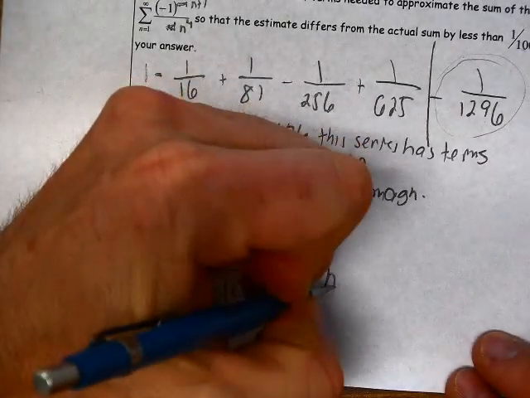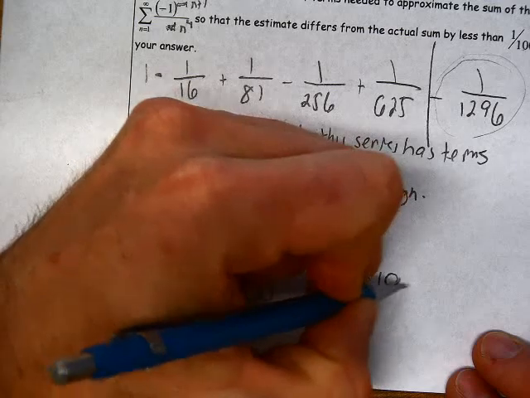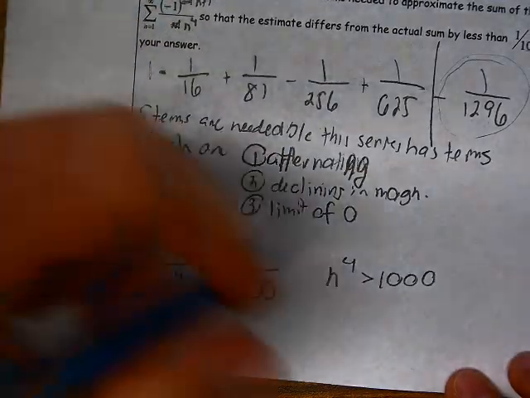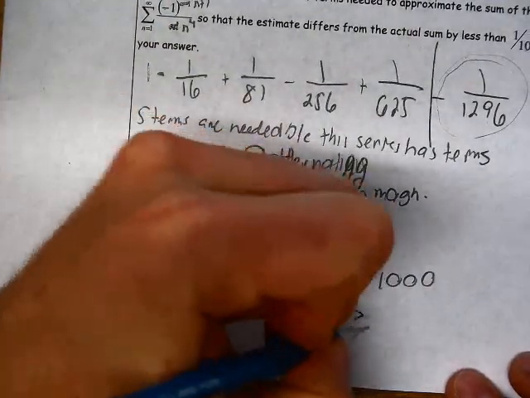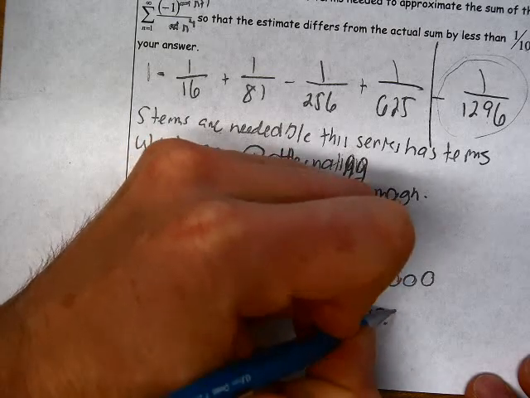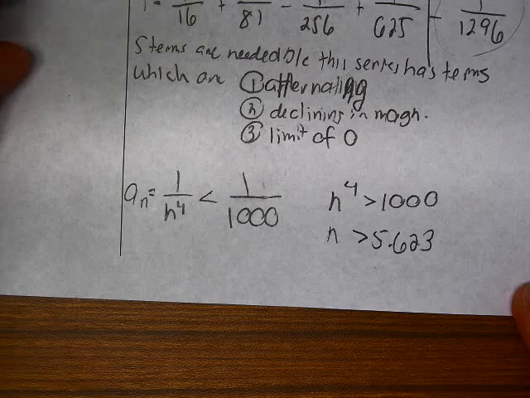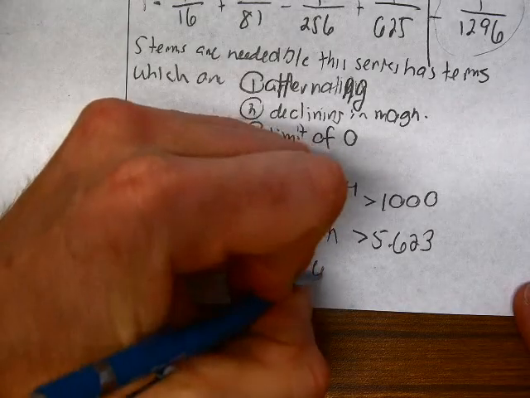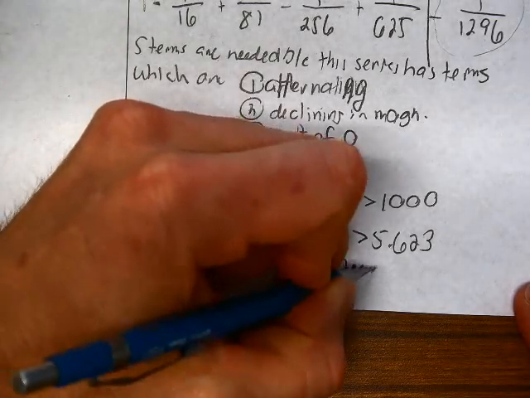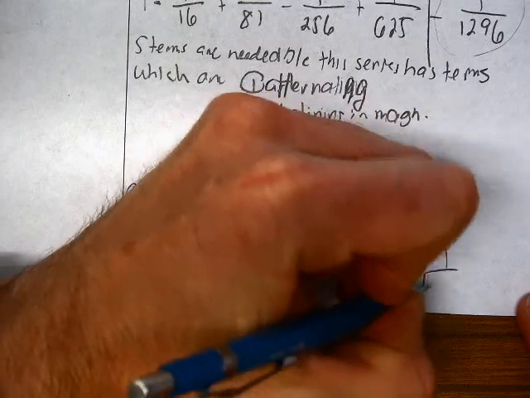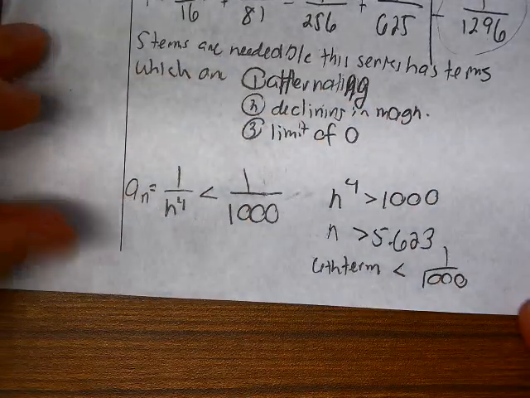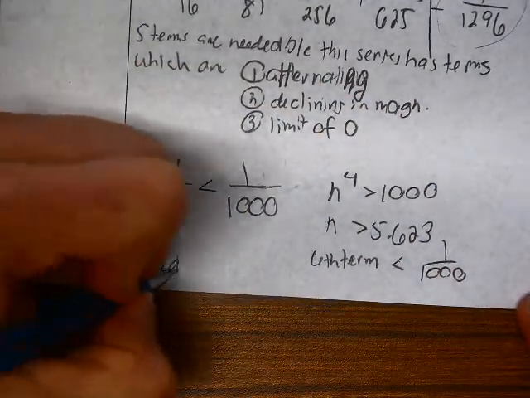So n to the 4th has to be greater than 1,000, and for that we get n needs to be greater than 5.623. So that means that the 6th term will be less than 1 over 1,000. So we'll need 5 terms.